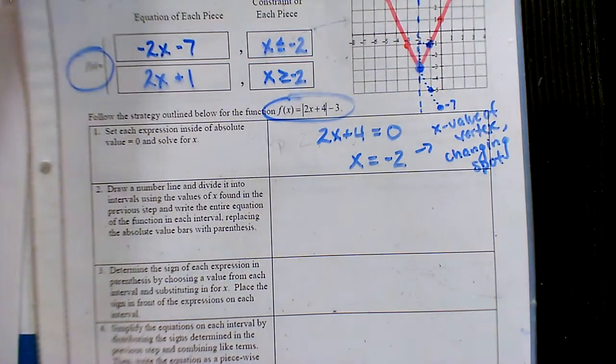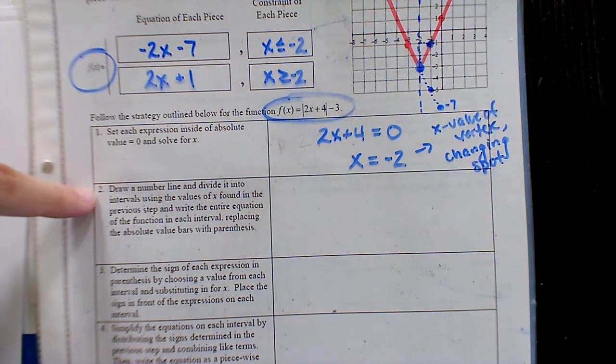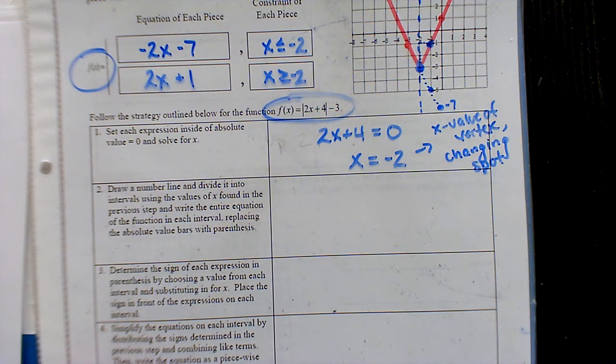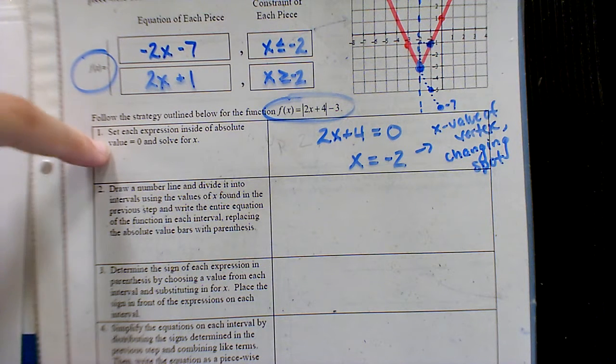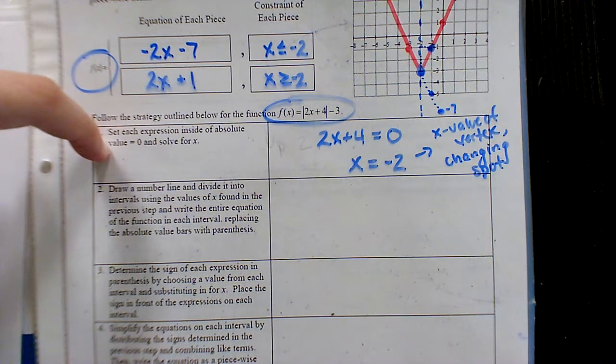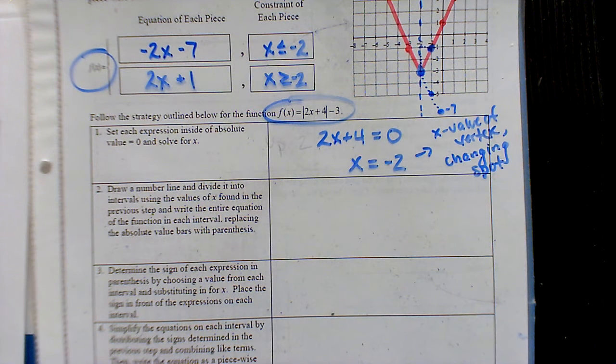Okay, perfect. Let's check out the next one. We're going to draw a number line and divide it into intervals using the values of x found in the previous step. Now, if you think about the domain of a V shape, you can go forever to the left and forever to the right. That would be all real numbers, correct?